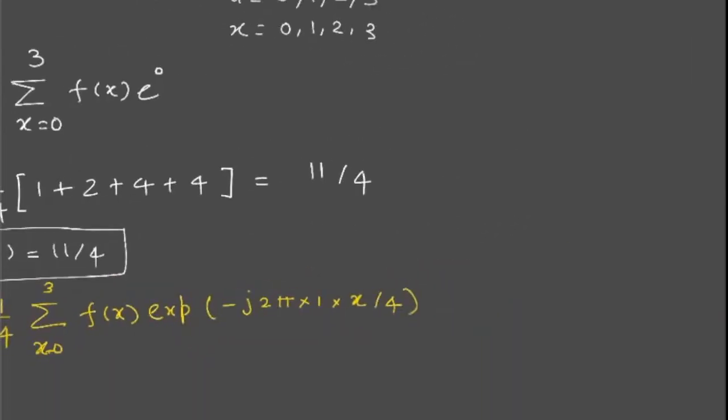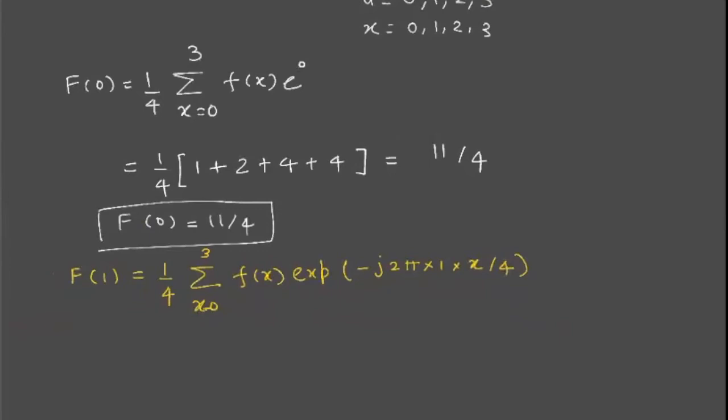Let's do it. So now it will be 1/4. And first let us substitute x equal to 0. So substituting x equal to 0, it will become f(0) times the exponent of 0, because here my x will become 0. Next term would be f(1) and the exponent, when we substitute 1 in place of x.